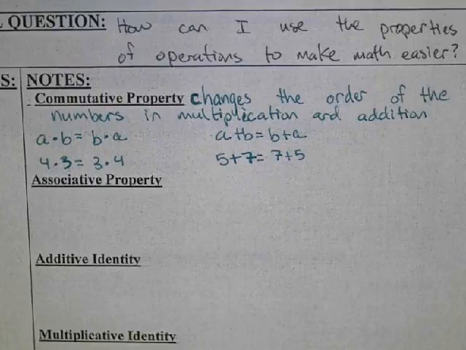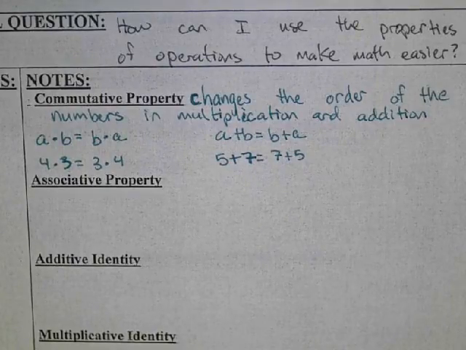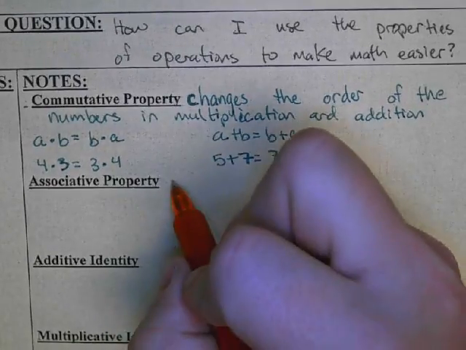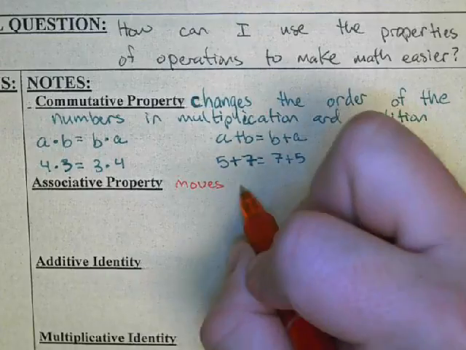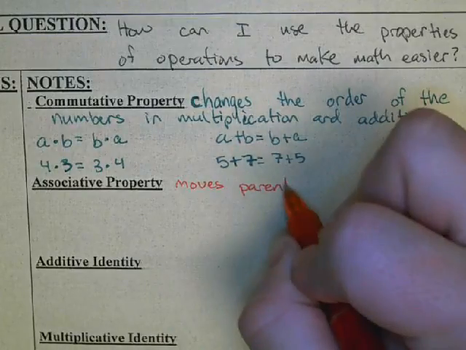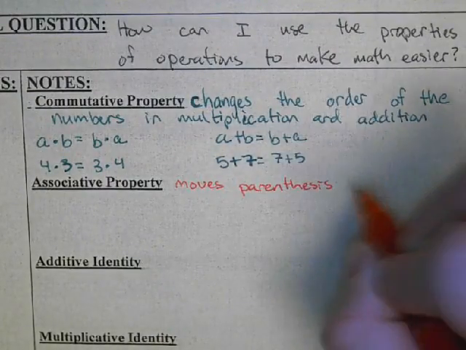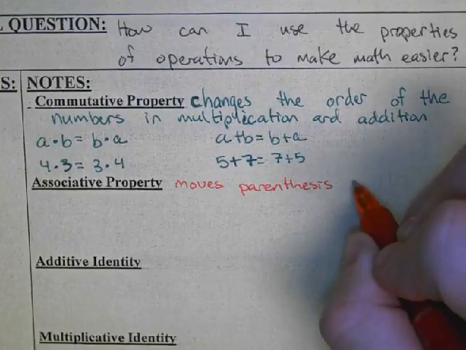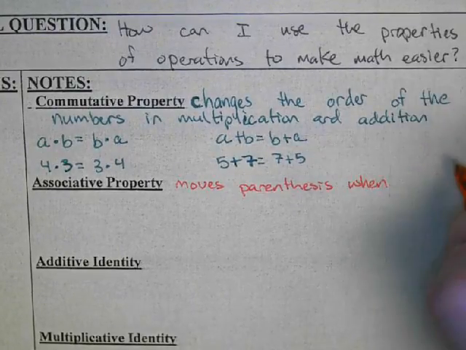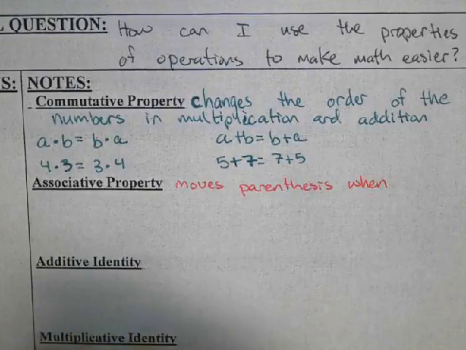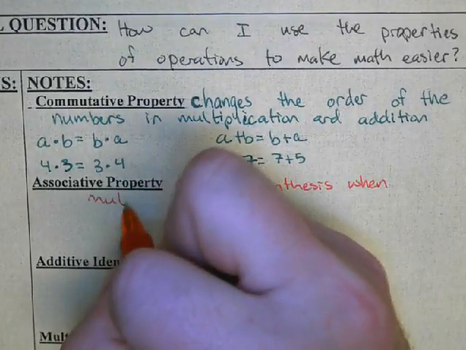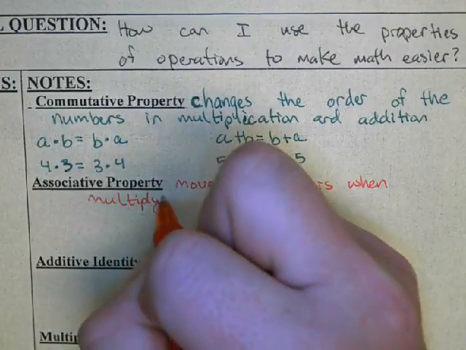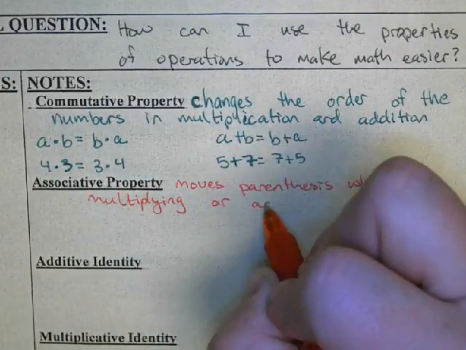Next, we'll do the associative property. The associative property moves parentheses when multiplying or adding.